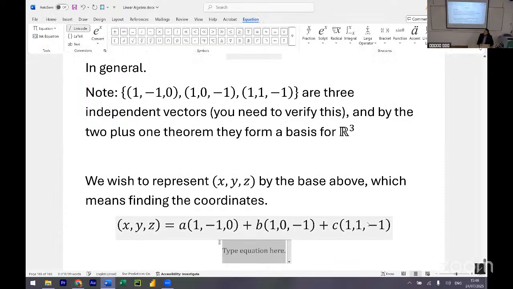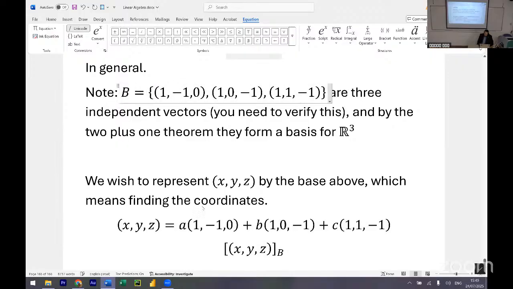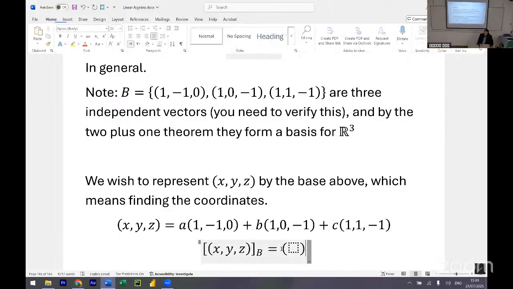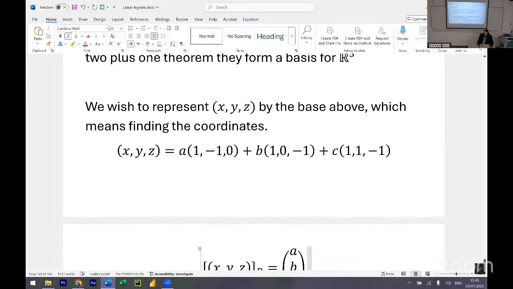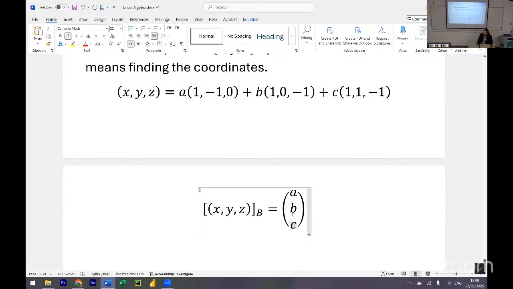In the language of coordinates, which is not super important in this question but is important for the test, if I call this set B, the coordinates of (x, y, z) by the basis B are the coefficients a, b, and c. We need to do it when we find the representing matrix, and in this question as well.